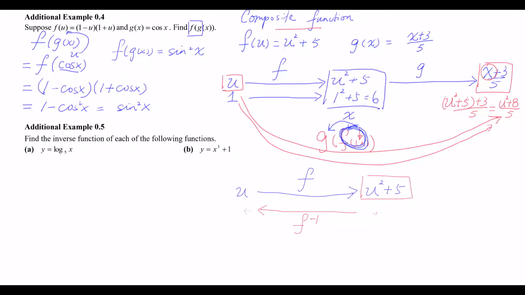But we must ensure that if I call this part y, and I input any value from this one, then under this operation I get only one result. In this case, this part is what we call the inverse function.